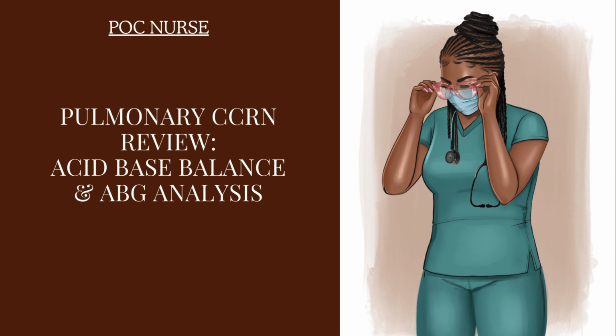So a good example of that would be your DKA patient, a patient that's in diabetic ketoacidosis. We measure the anion gap to see how the patient is responding to treatment. And the anion gap in the first place tells us that this patient is in DKA, amongst other things.